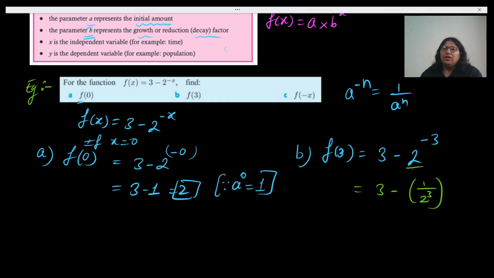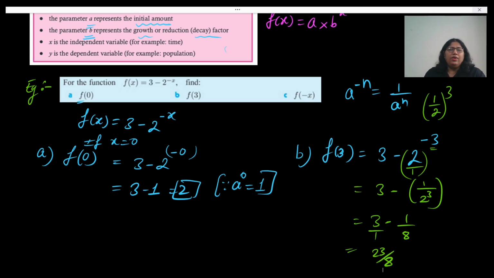This is actually 2 by 1 as the base, where minus 3 is the exponent. If I take the reciprocal, it becomes a positive power. So 3 minus 1 by 8. Now you can find the LCM, which gives 23 by 8. So this is going to be your value.